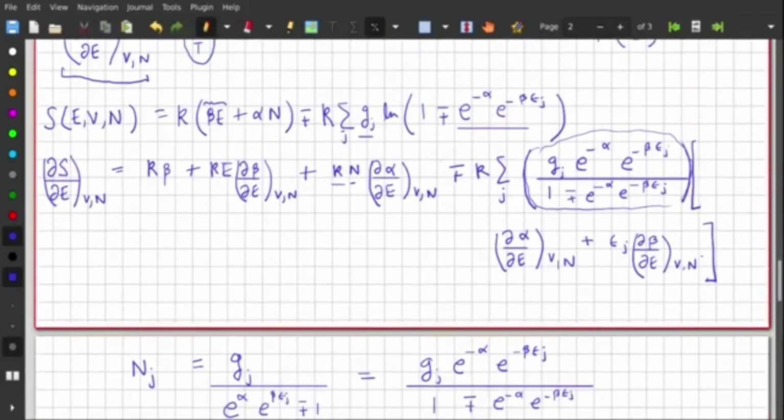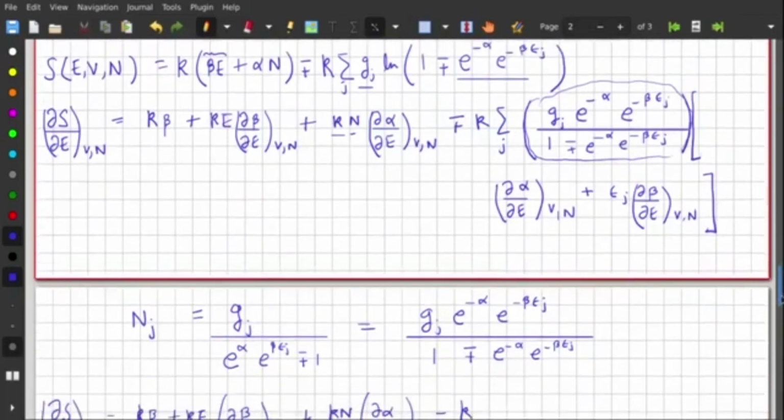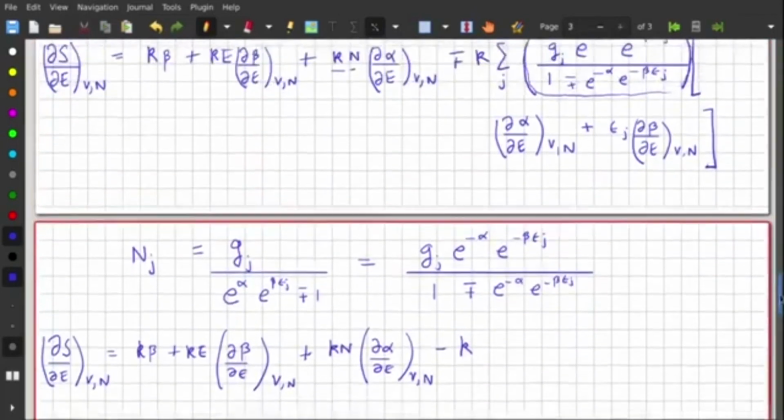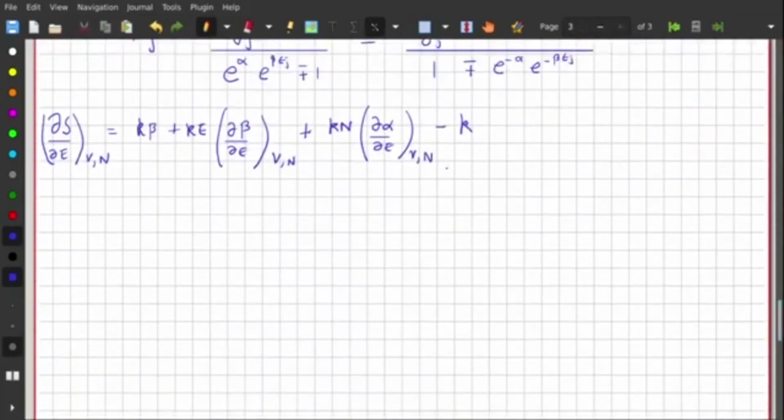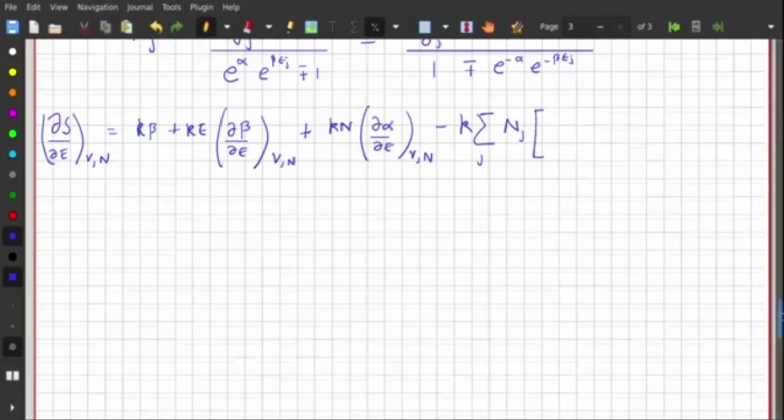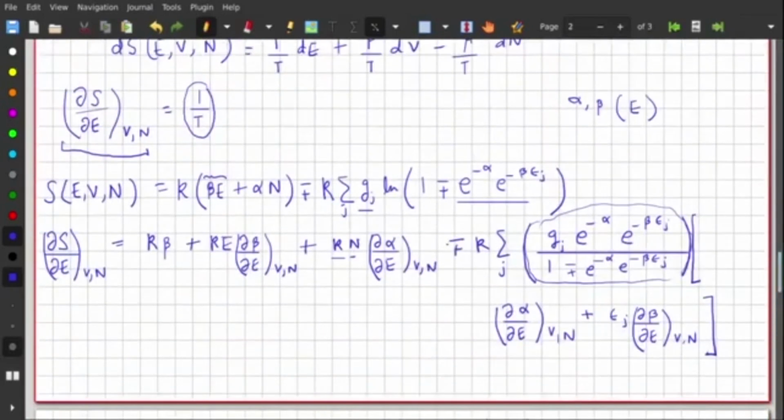And minus k, and then we have, let's say, sum over j of Nj, where we are just taking one of the signs, which is the negative sign.